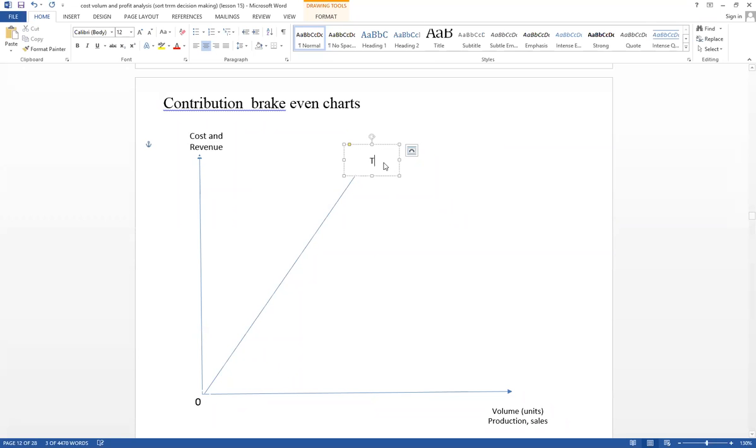This is the total revenue, not total cost. TR started from zero and increases proportionately. Therefore, this is the total revenue.